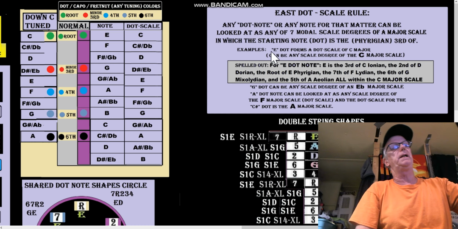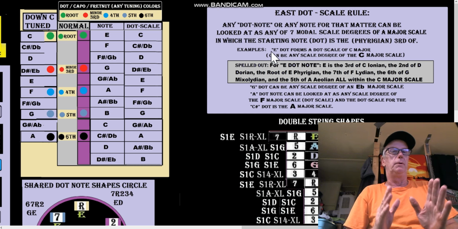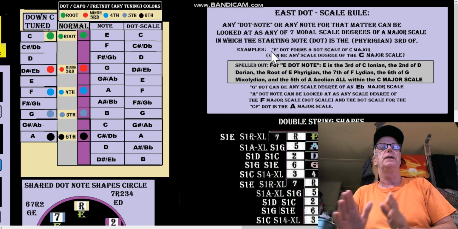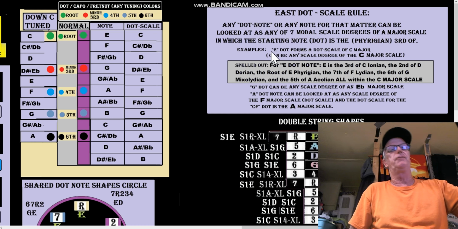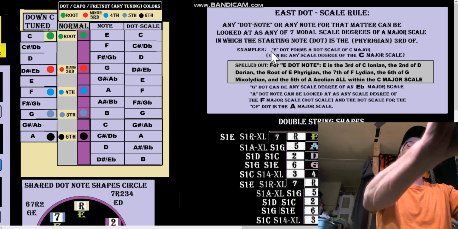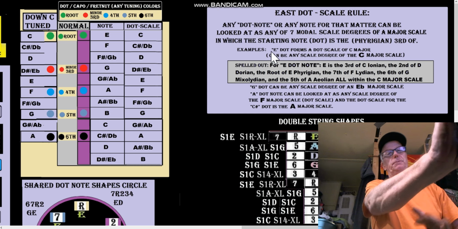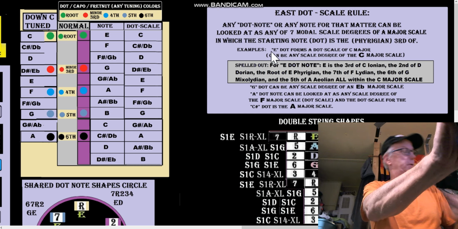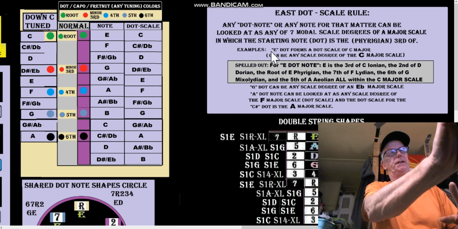But when you go up that F scale, forming 7 keys: key of F, key of G, key of A, key of B flat, key of C, key of D, key of E. So the A note, pretending there's a dot on it, this is where we want to start. There's a dot on it.